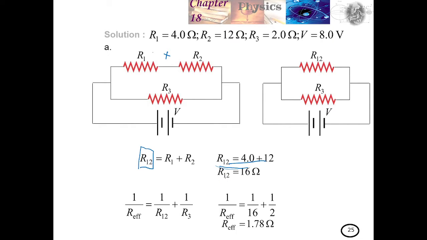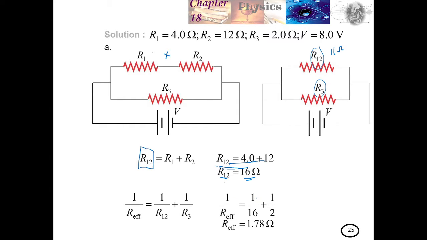So R1 and R2 we add up directly. For 4 plus 12, you have 16. So both of them here we have 16 ohm.